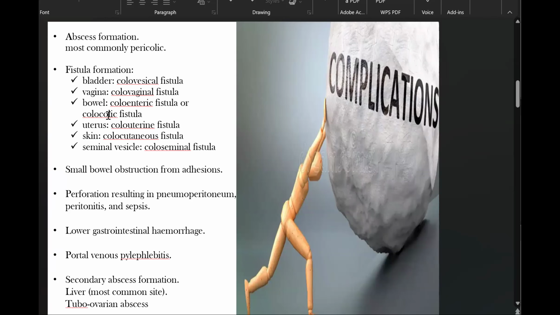It can be a gynecological one, or colic fistula, or cutaneous. Another complication is a secondary abscess away from it, commonly multiple liver abscesses, and venous thrombosis. Another complication may be lower GI bleeding.